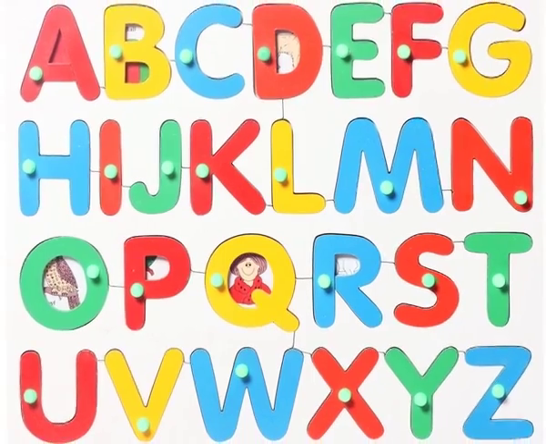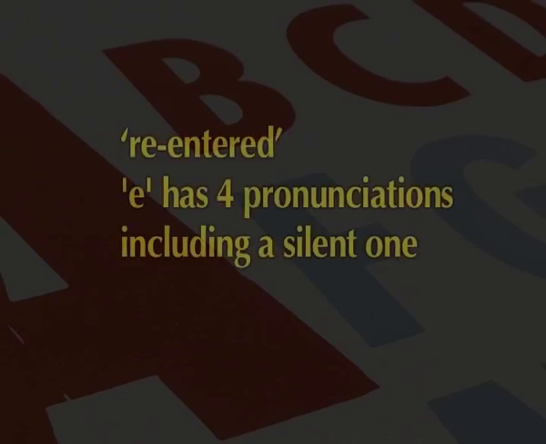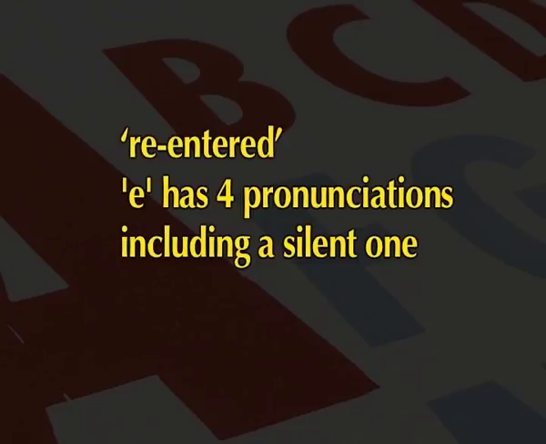In English, there is no one-to-one relationship between the letters of the alphabet and the sounds they represent. The 26 letters represent 44 sounds. In the word re-entered, E has 4 pronunciations including a silent one.